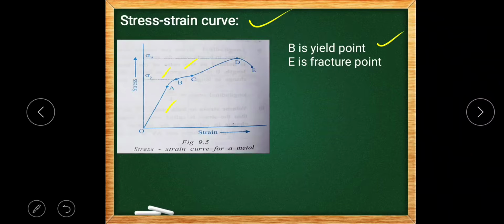And finally the fracture occurs at position E. Fracture means here the body may break. Right, here E is called the fracture point.